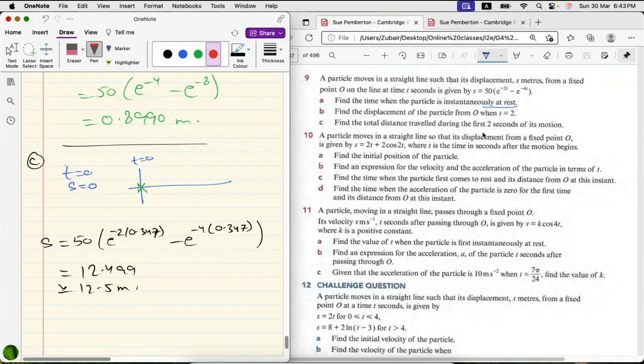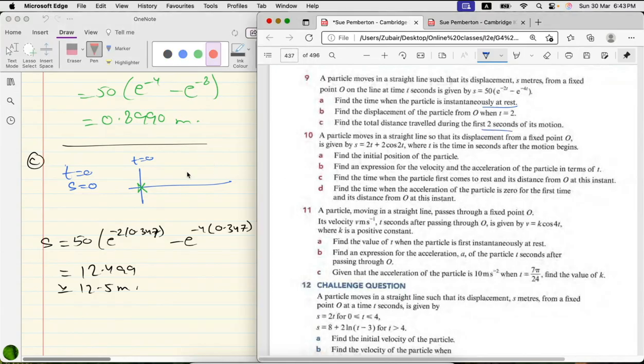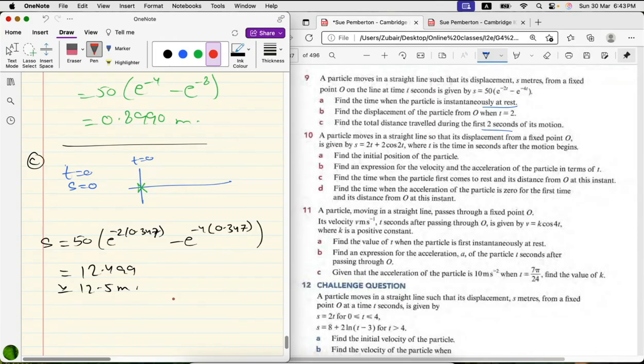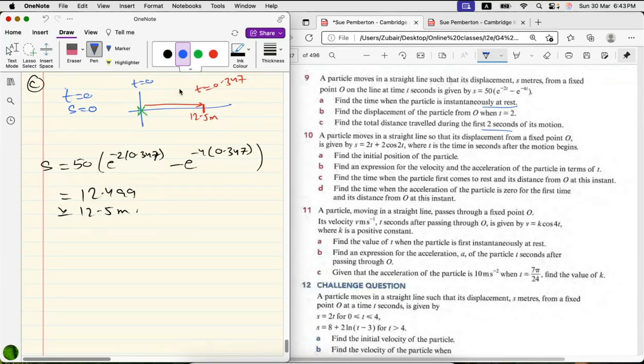And then total distance was asked for 2 seconds. I'm checking where it is at 2 seconds. At time 0.347, it is at 12.5 meters. At 2 seconds: 50 e raised to minus 2 into 2 minus e raised to minus 4 into 2.